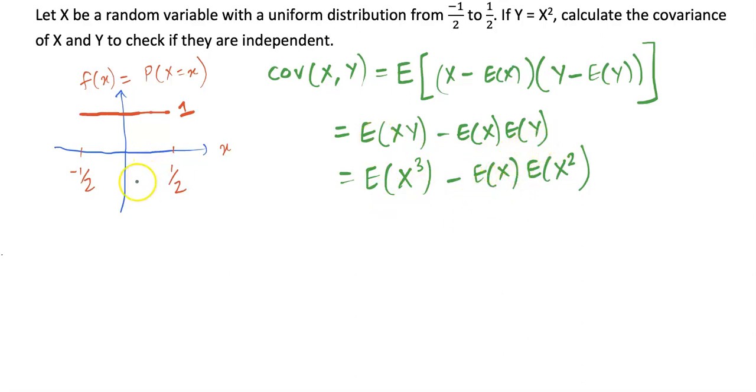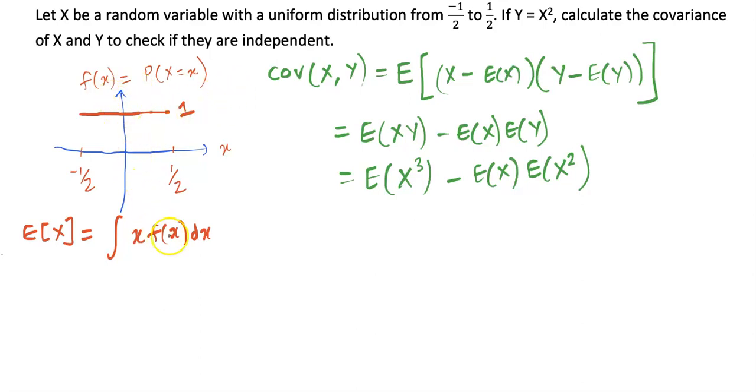So the expected value of x, by definition of expected value, is the weighted average of x. That's how I like to think about it. So it's x times the weight, and the weight is the probability in this case, integrated over all values of x.